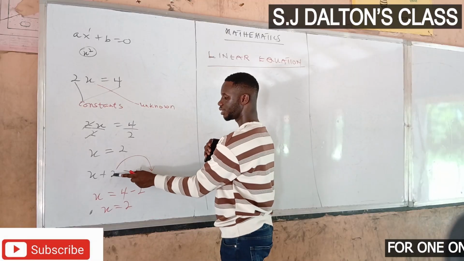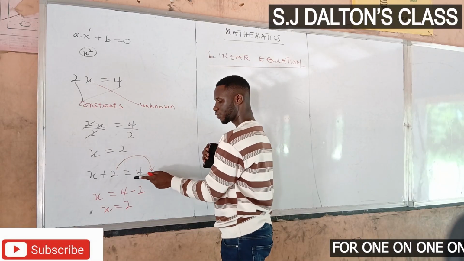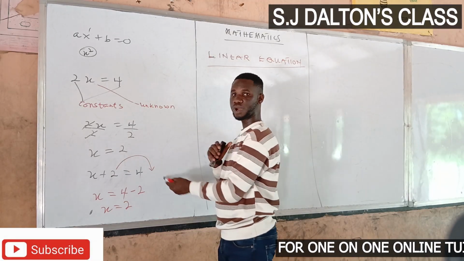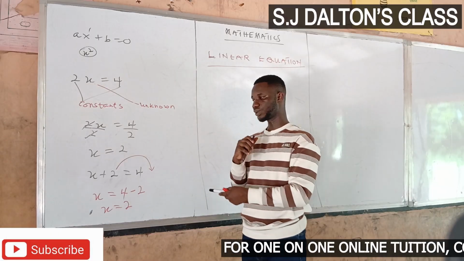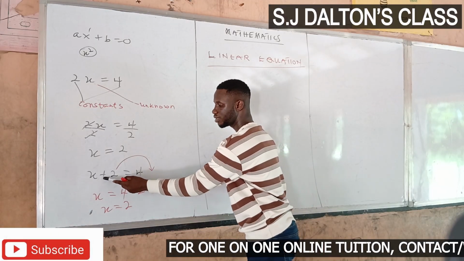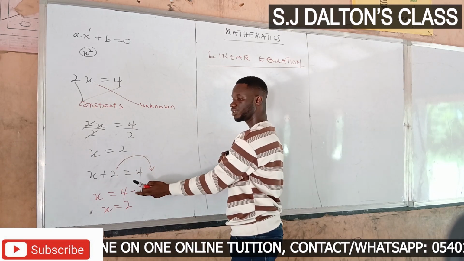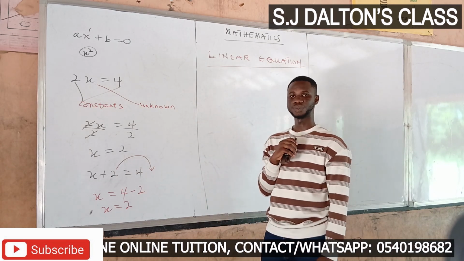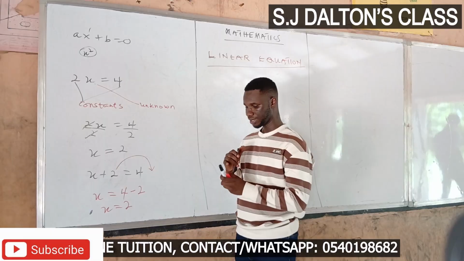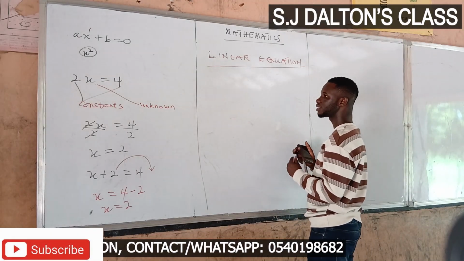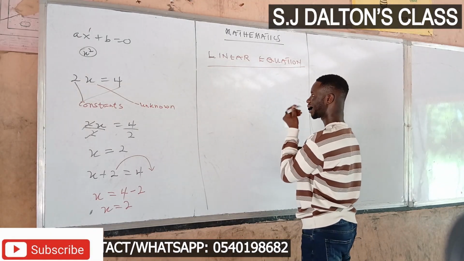So this is a constant, this one too is a constant. So you move the constants to where we have the constants, okay? And here you check the sign, it is positive 2. So when you move it here, you're going to get minus 2. As simple as that.